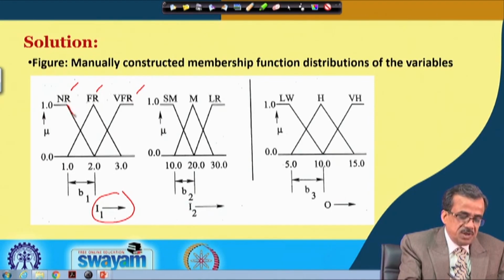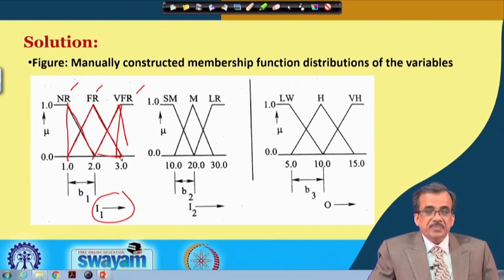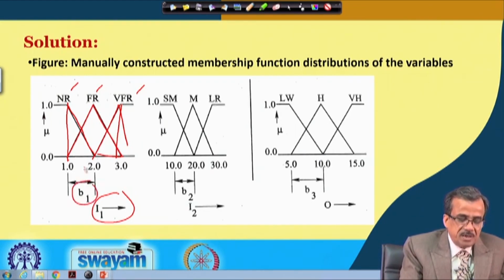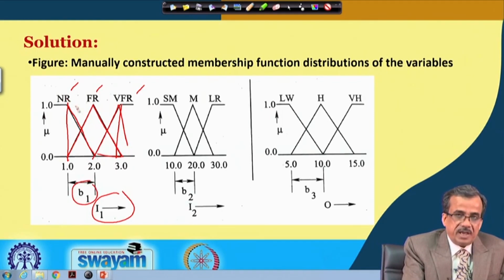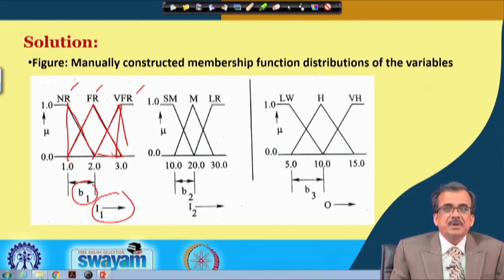This is one right angle triangle, here also we consider one right angle triangle, and this is the isosceles triangle, and B1 is going to represent the base width of this right angle triangle or the half base width of this isosceles triangle.